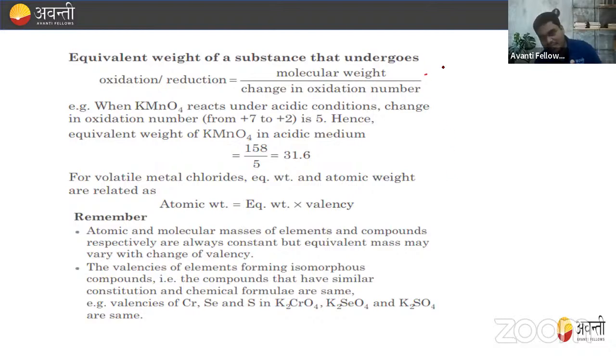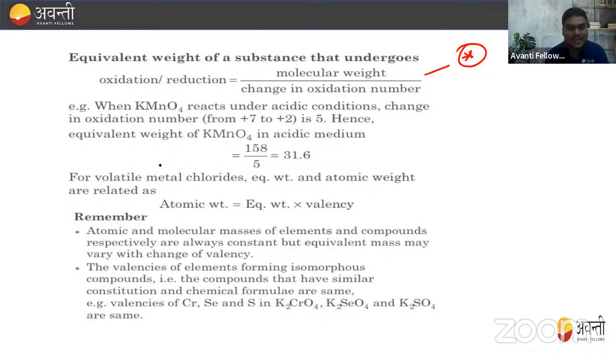So this is also very, very, very important. So equivalent weight of a substance is equal to molecular weight divided by change in the oxidation number. Okay? Chalo, let me explain this with an example.